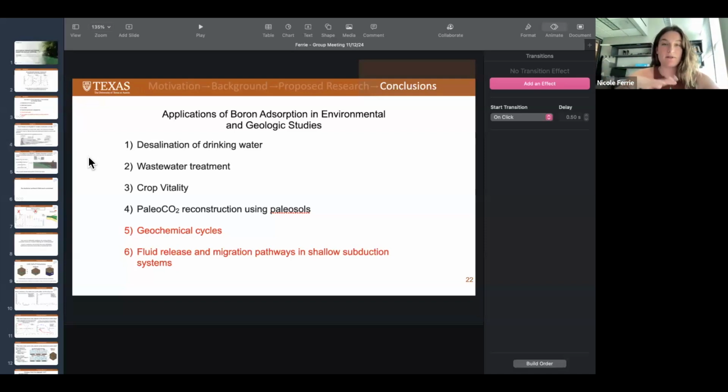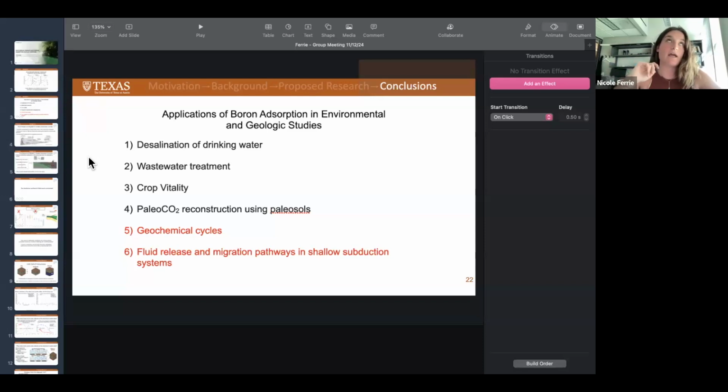So the surface is completely clean, all the sites are clear, there's no boron anywhere. And then you adjust the pH, spike it with an artificial amount of boron, let the experiments hang out, let the boron adsorb, and then you take out some fluid, put it in the ICP-MS, and it will tell you how much boron is in the fluid.